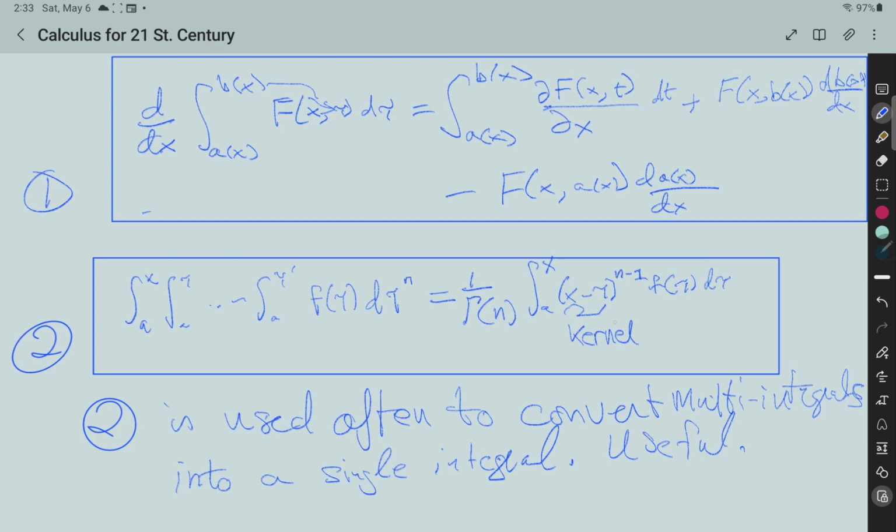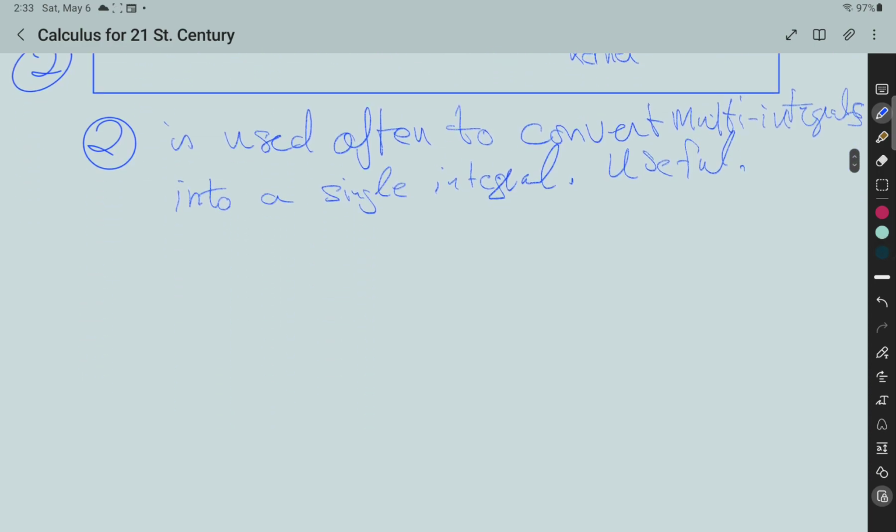The right-hand side is equivalent to the left-hand side. This is one way to simplify things. Equation 2 is also often used. Very useful.